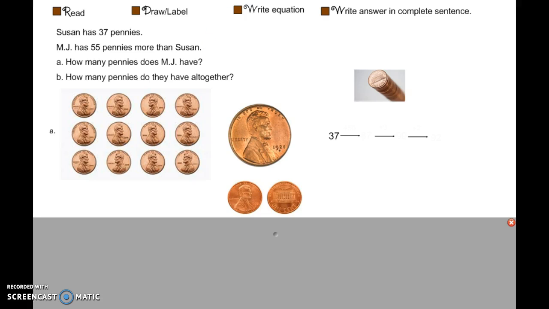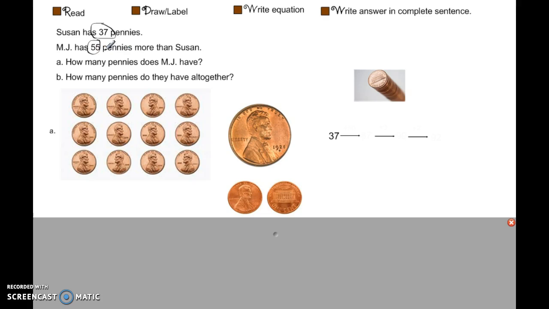So I want to go ahead and circle all of my numbers in my problem. So looking at the problem, I have 37. So circle 37 on your problem. And then I see 55. So we'll go ahead and circle 55. 37 pennies and 55 pennies.